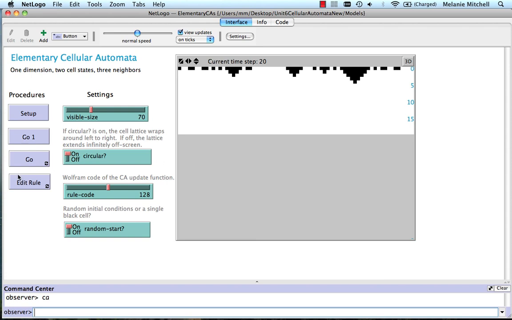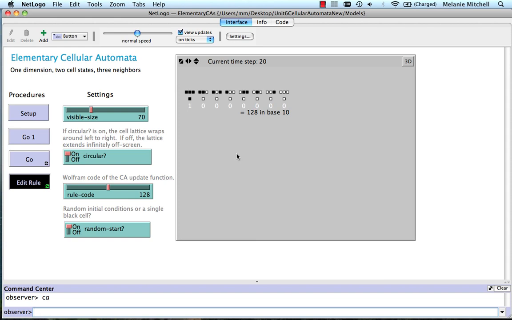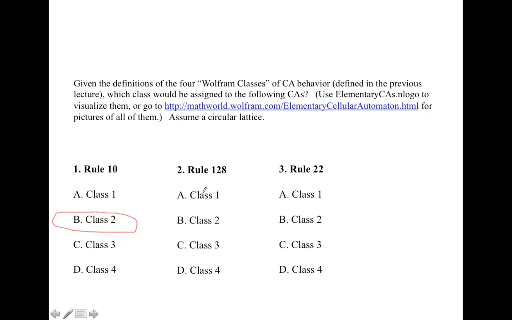And that's because if we look at Rule 128, we can see that only an all black initial configuration will go to black. So for almost all initial configurations, this will go to all white. So the correct answer here, since it almost always goes to a fixed point of all white, is class 1.